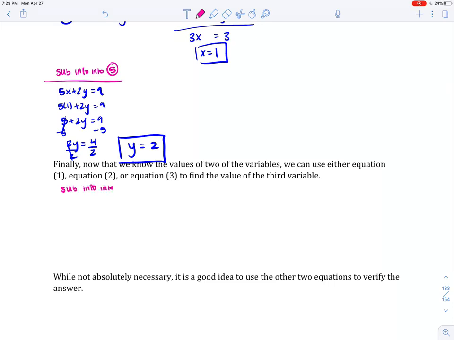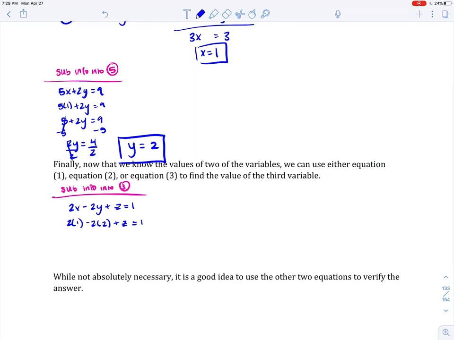Okay. For again no good reason, I'm going to sub in for x and y into equation 3. Mostly because that's the one that I have memorized in my head. So I have 2x minus 2y plus z equal to 1.